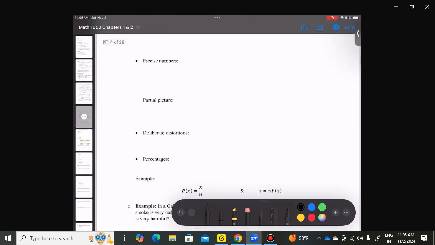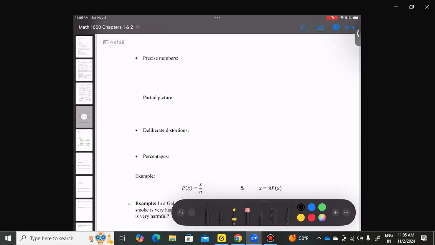A couple more: precise numbers. This is something like saying, there are 400 million, 450 million, 500,002 houses. We don't know the exact number in the United States.